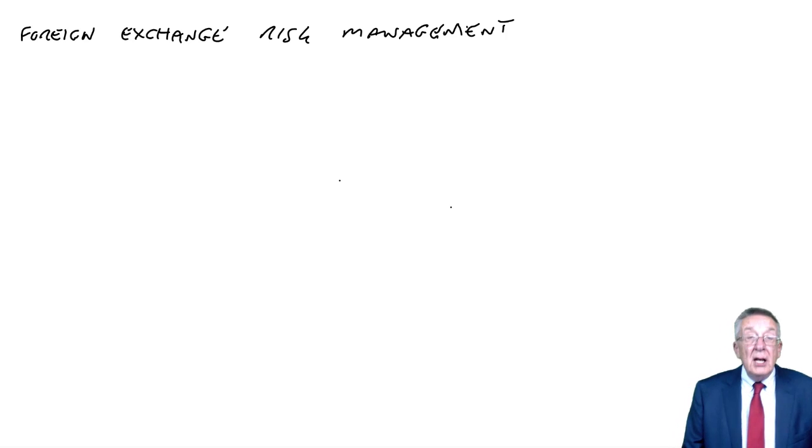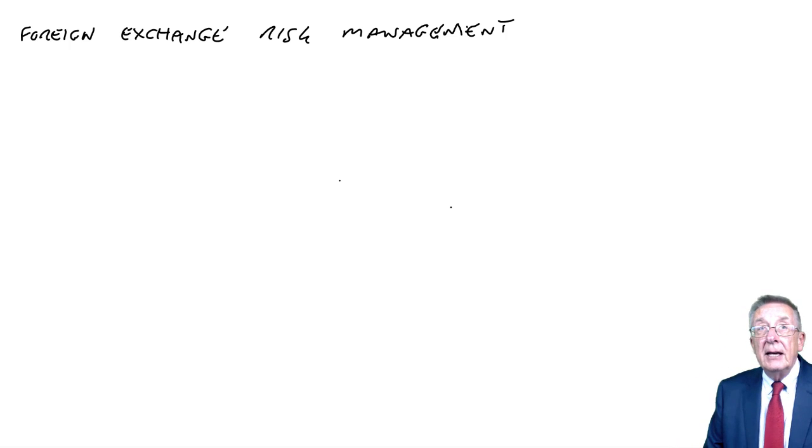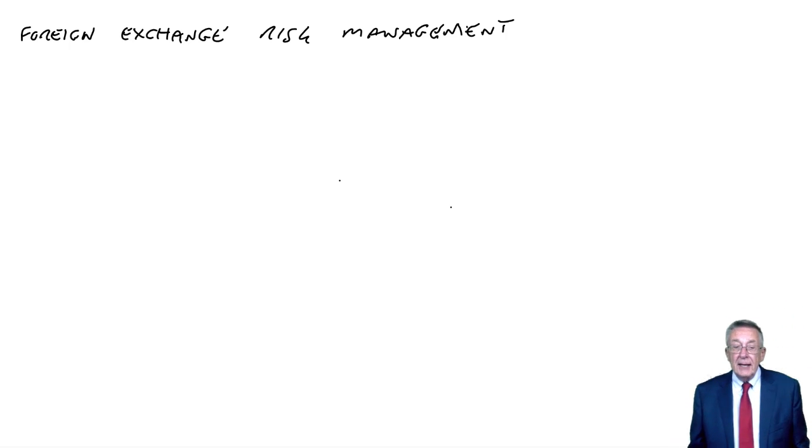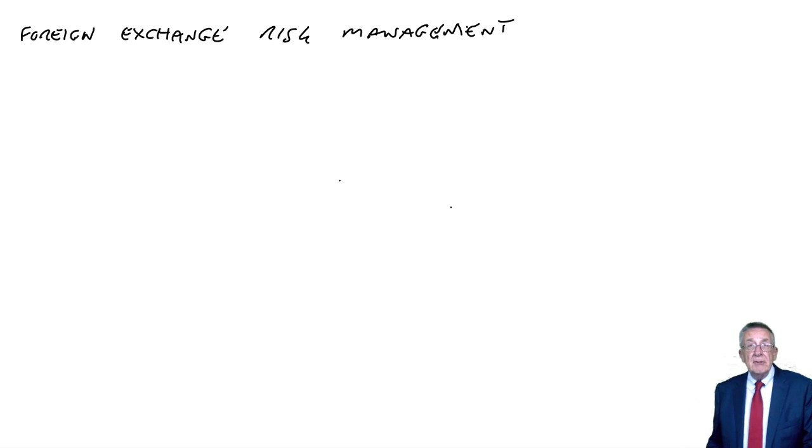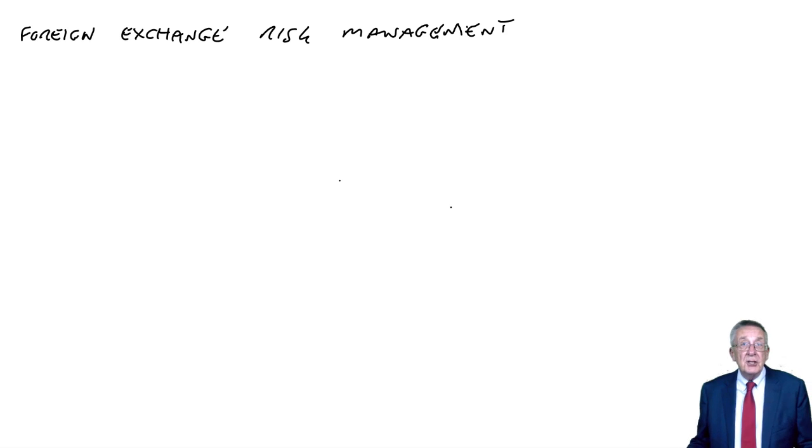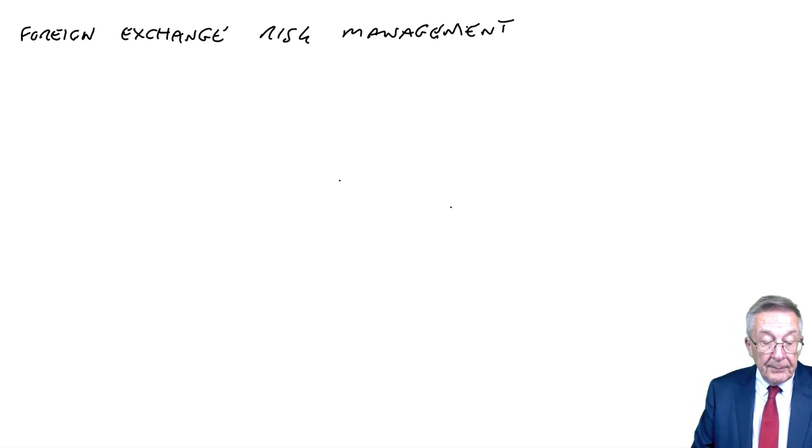But also there'll always be one question focusing on either foreign exchange risk management or interest rate risk management. In theory there could be both examined, but that'd be unusual. But it really is a core area.